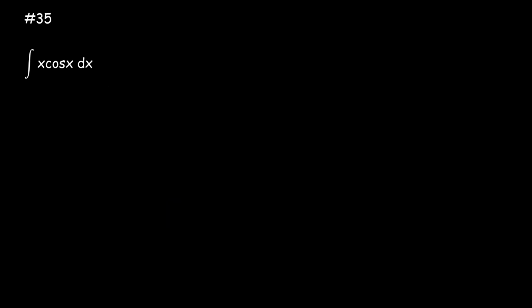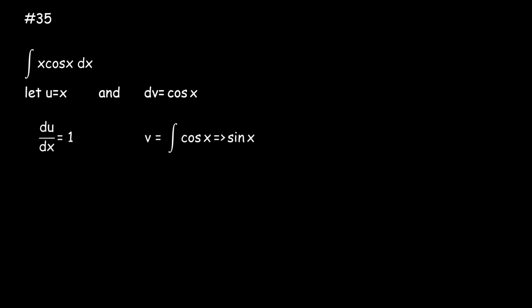35. The integral of x cos x. We let u be equal to x, and cos x be equal to dv. We use integration by parts. This would be du by dx, which is 1, and v equal to sin x.